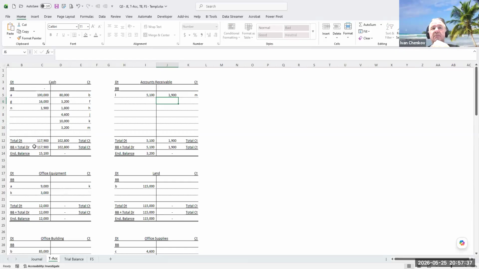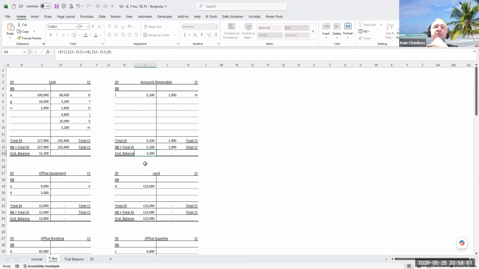During the period of November, we get $170,900 cash. We pay $102,800 cash, and we have $15,100 cash. Accounts receivables.